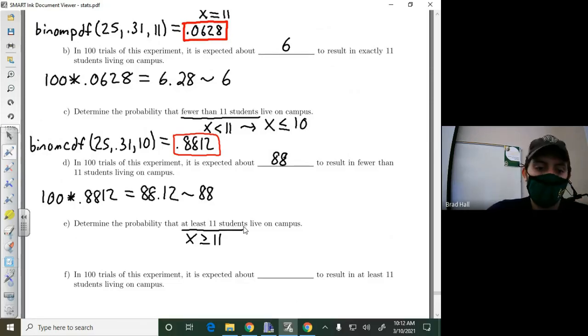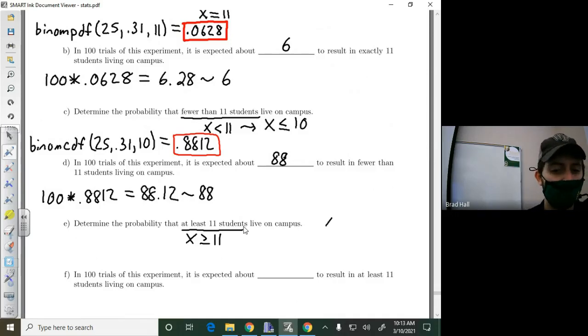Now, I think this is the part where the students from the last section were not very happy because, well, really there's one of 2 ways you can do this. Now, by itself, we cannot rewrite this as a strict less than or equal to sign. You can't just flip the sign. You could say, well, there's 25 people in total.